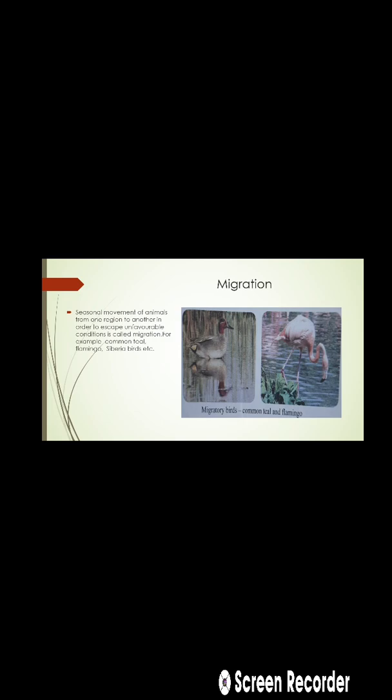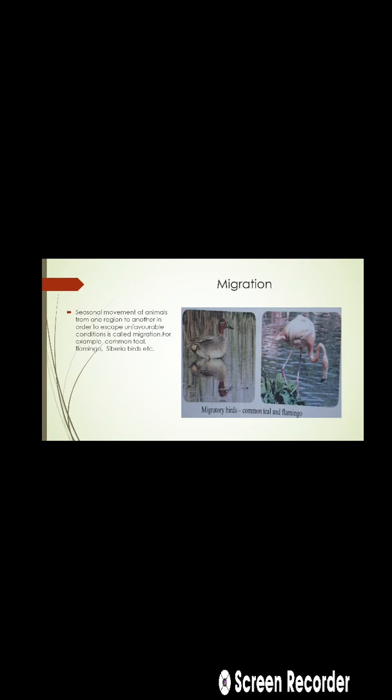In nature, many birds and animals move from one place to another in search of food, to breed, and many times to avoid harsh seasonal changes. So this seasonal movement of animals from one place to another is called migration.